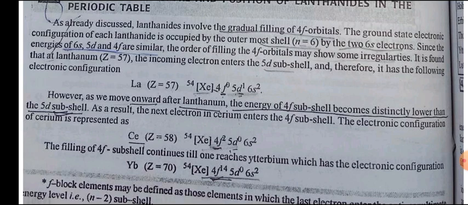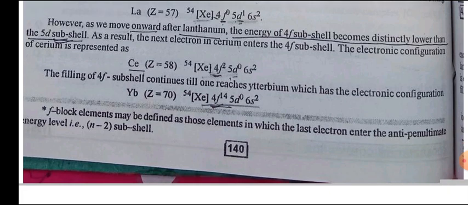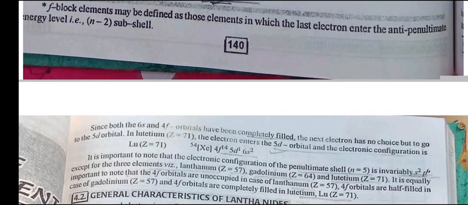The electronic configuration of cerium is represented as follows. The filling of the 4f subshell continues till one reaches ytterbium, which has the following electronic configuration. 4f block elements may be defined as those elements in which the last electrons enter the antepenultimate energy level.